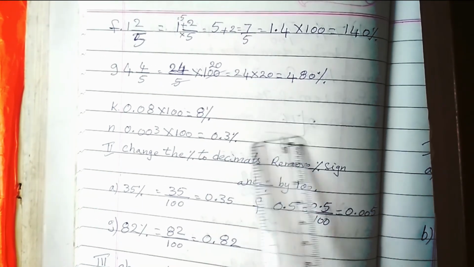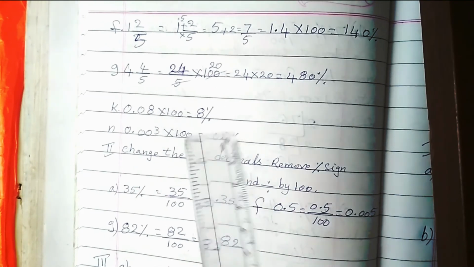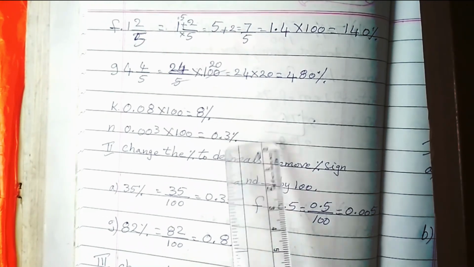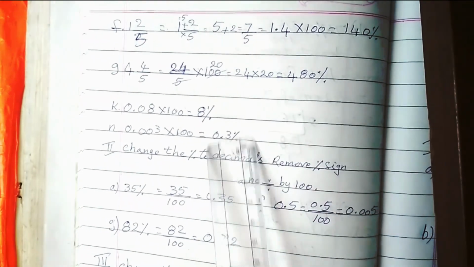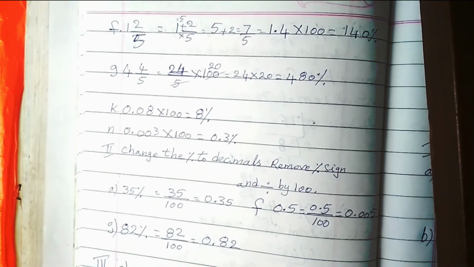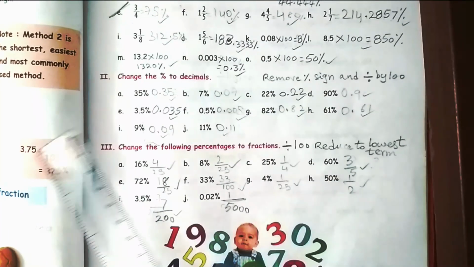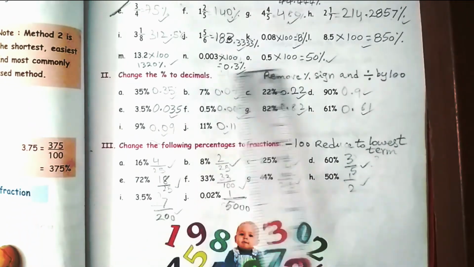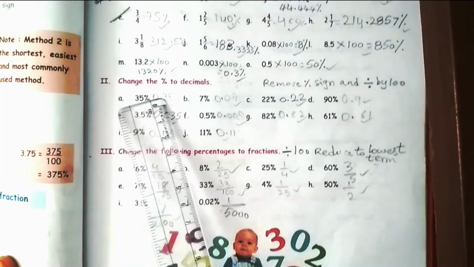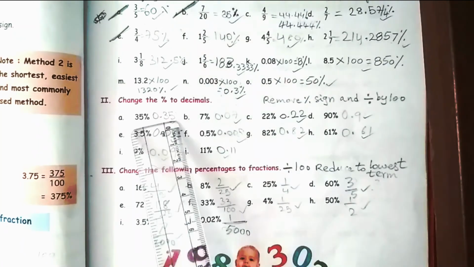So write the percentage sign for the given answer, 0.3%. Now the rest of the sums you do on your own.